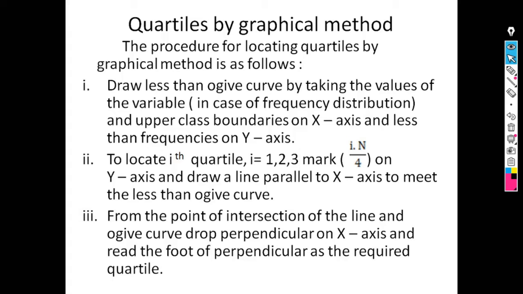So the first step is we have to draw a less than Ogive curve by taking the values of the variable and upper class boundaries on the x-axis and less than frequencies on the y-axis. After that we have to locate our quartile classes, that is the Q1 class, Q2 class and Q3 class, on the y-axis. And from this point we have to draw a line parallel to the x-axis to meet the less than type Ogive curve.